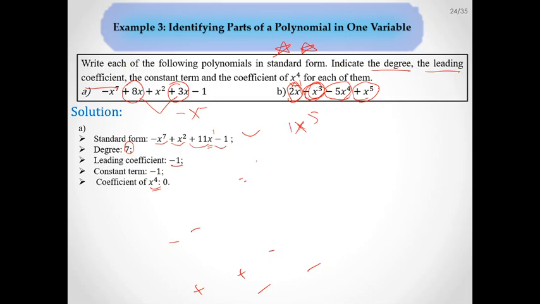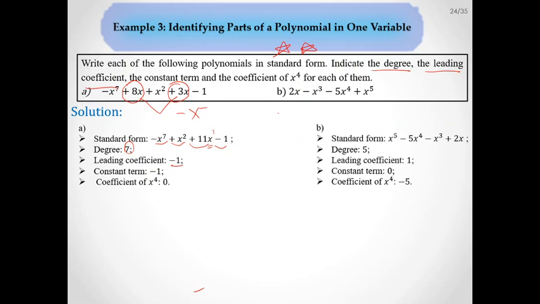So plus x to the 5th, then negative 5x to the 4th, then negative x cubed, and if you don't see a sign, it's plus, so plus 2x. This turns out to be our polynomial in standard form. You can erase the first plus. If it is minus, you have to keep it there. Then the rest is easy.